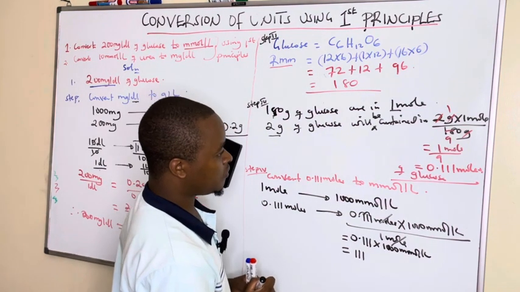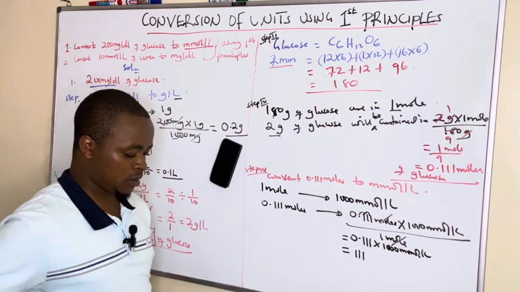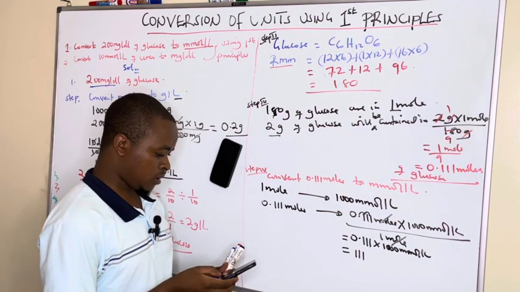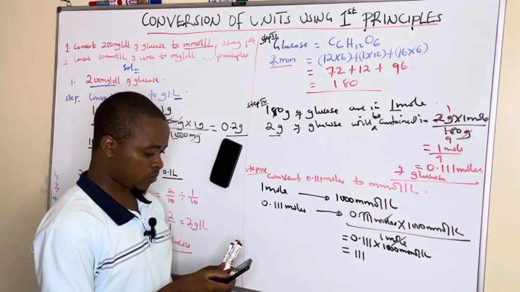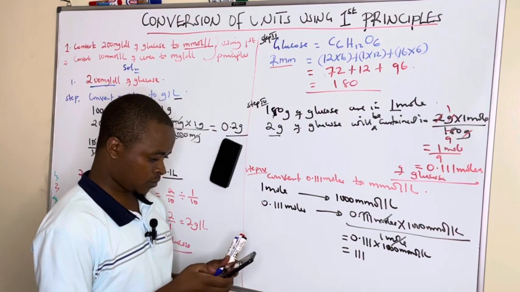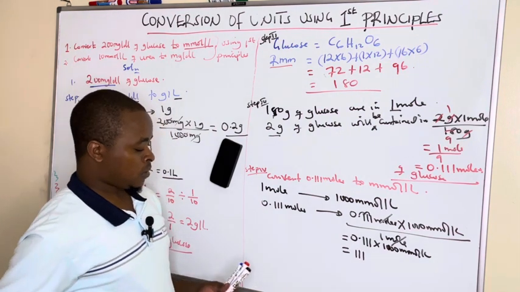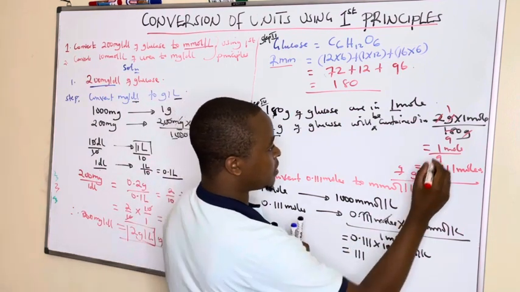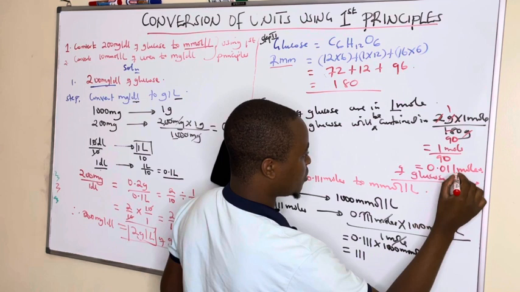Hope we have calculated it well. This was out of 90. This is 90, so we get 0.11.